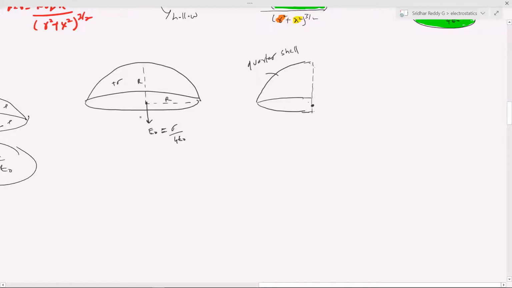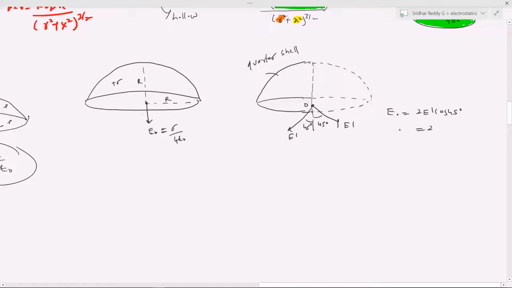So now net field is E naught, no. So the resultant here, I feel, is E dash. Like this, if there are two quarter circular shells, they'll produce E dash each, and what is the angle? 45 degrees. Then the resultant field at point O is equal to how much? 2 E dash cos 45.